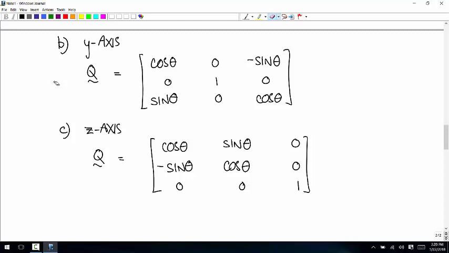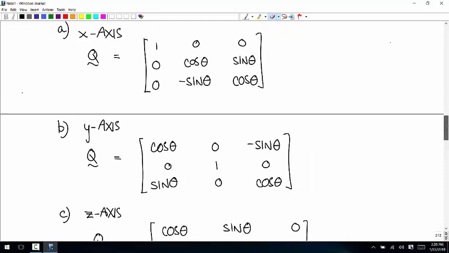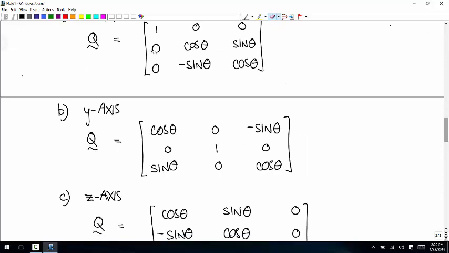So notice that z and x follow an identical sort of pattern. The row and column corresponding to whatever axis you're rotating about is zeros and ones, right? We're rotating about x. So here we have a 1 at x, zeros everywhere else in that row and column.